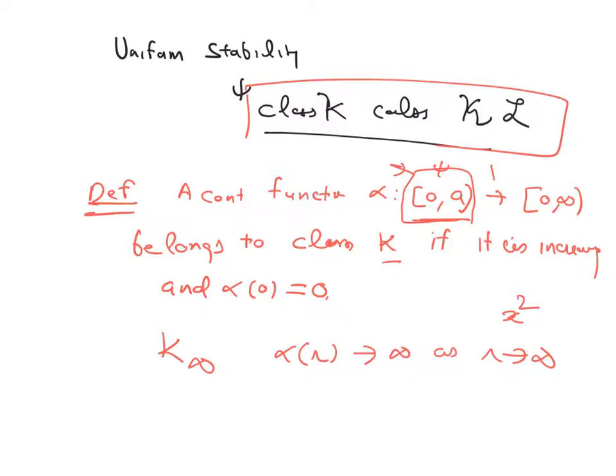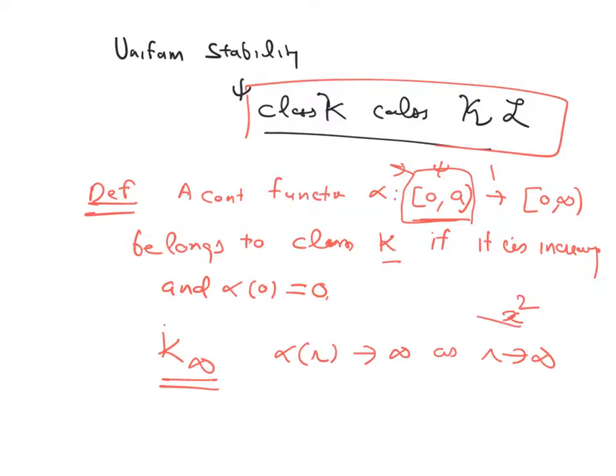So they are called K infinity functions. They will be useful for global uniform asymptotic stability, whereas class K will be used just for stability, asymptotic stability, uniform asymptotic. So basically, you can create a comparison between positive definite and then radially unbounded with K and K infinity. Okay, so both conditions are there.